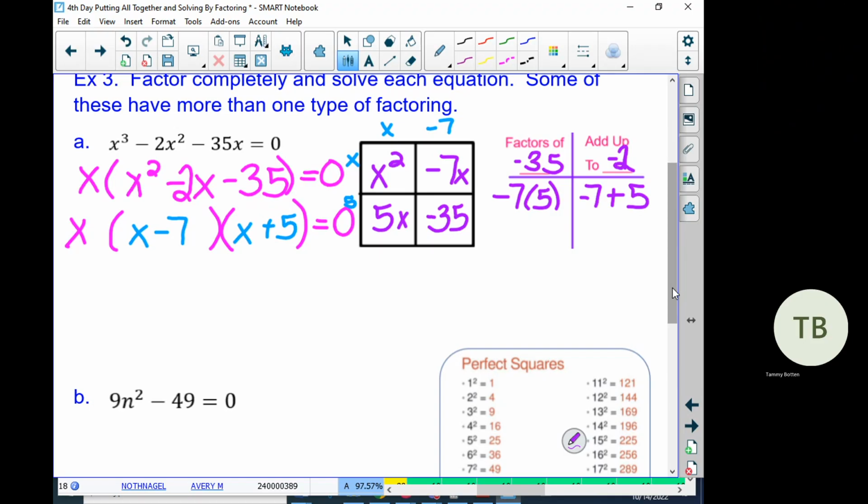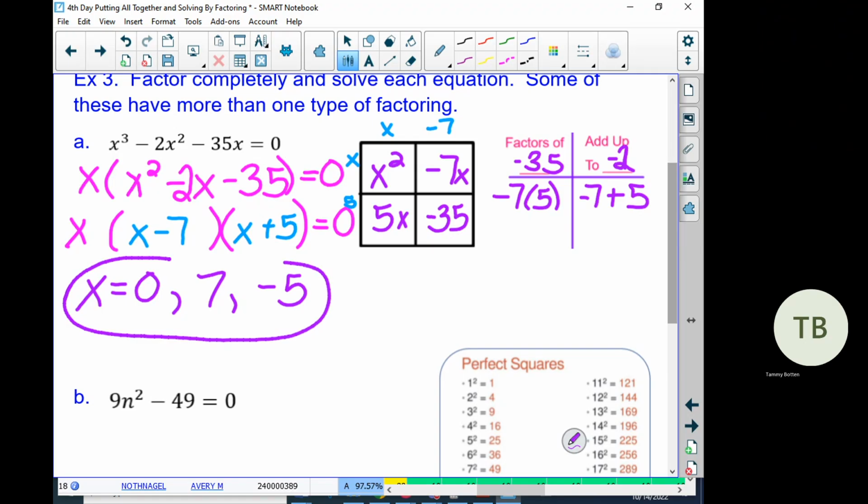But if there's an X out there, then you have to set that equal to 0 also. So one of my answers is going to be 0 because of that X. Then what would this one be? A +7, this one would be a -5. But I just want to say, because you'll have some like this, if you have a 2 or a 5 or something like that out front, don't worry about it when you go to solve. But if it's a variable, you do have to worry about it.